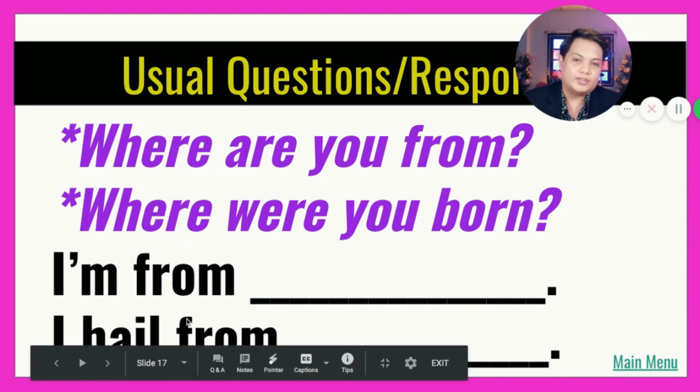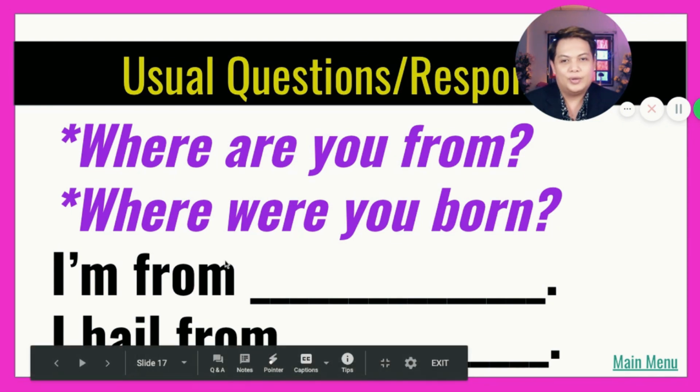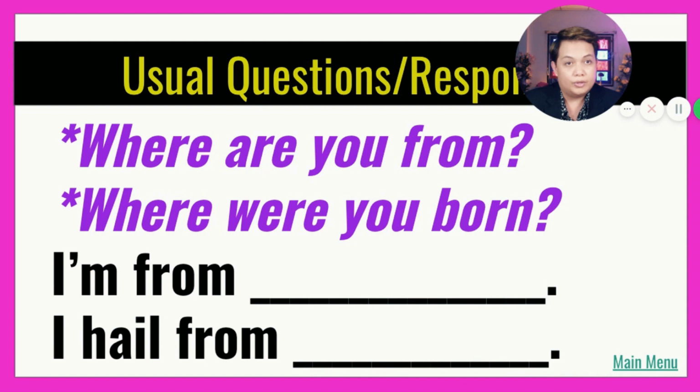All right, so now you could answer by saying this. I'm from, for example, for teacher Chris, I am from the Philippines, and your country right over here. Now, you could say, I hail from the Philippines. So this one is basically the same. I am from, or I'm from, or I hail from. You could use either of them.